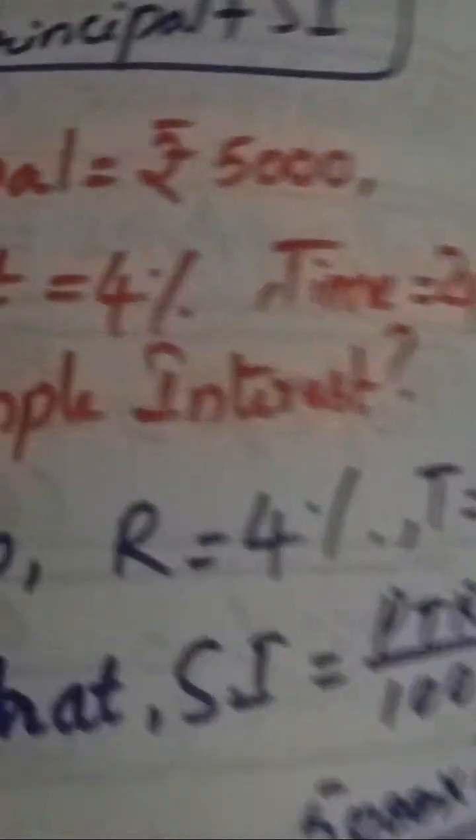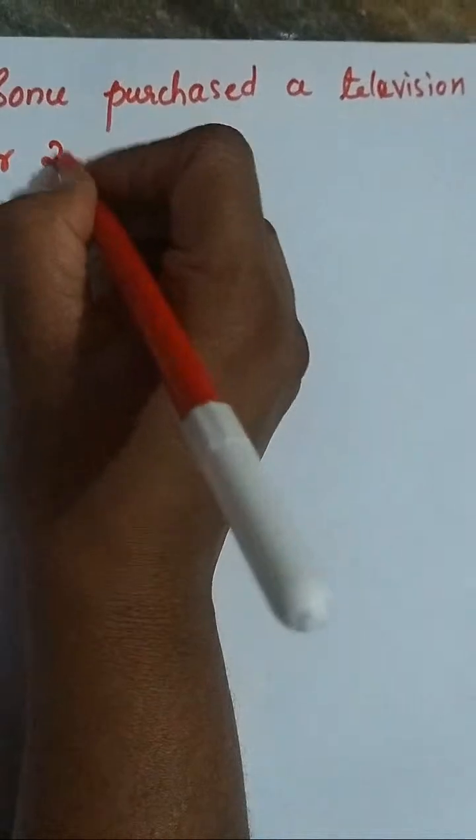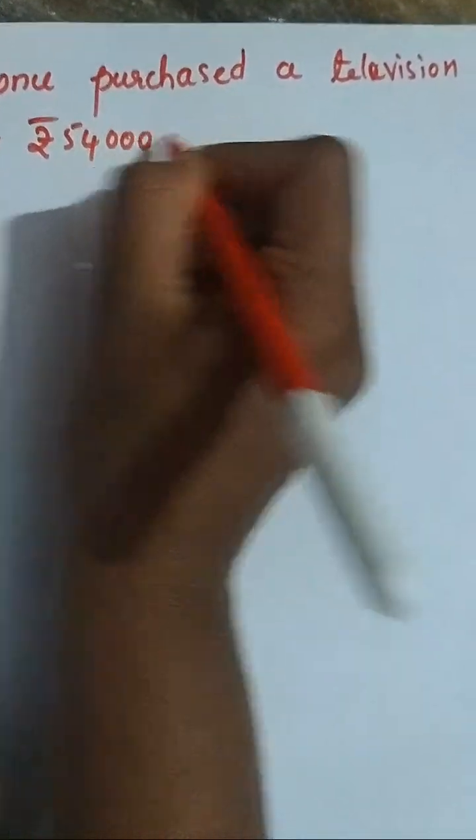Now another example I am doing here for finding the profit. Sonu purchased a television for rupees 54,000, children, and sold it at rupees 59,400.